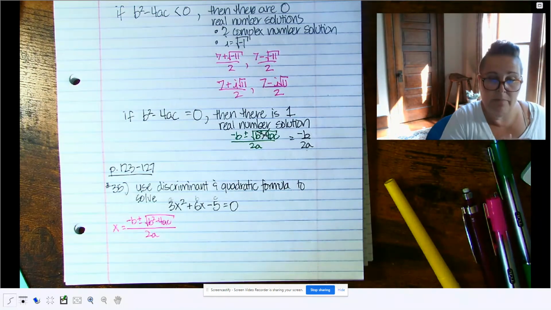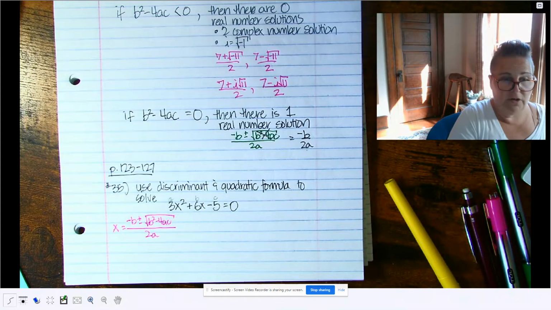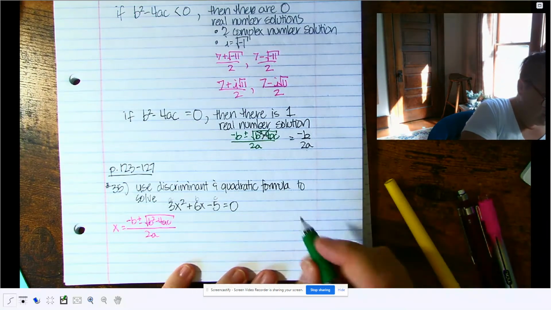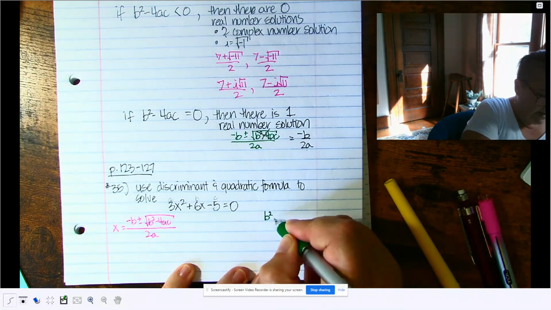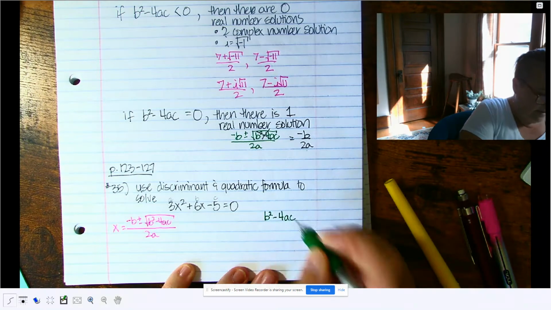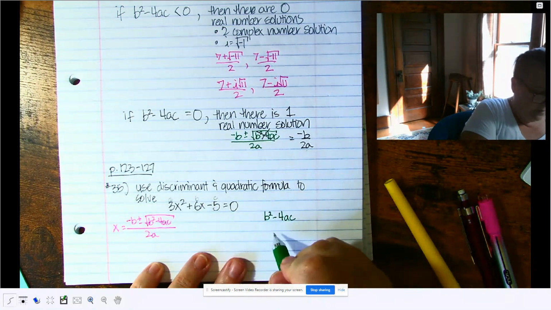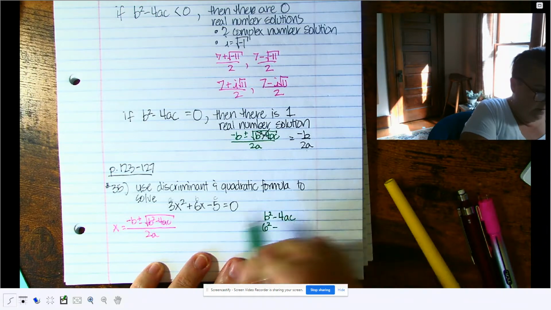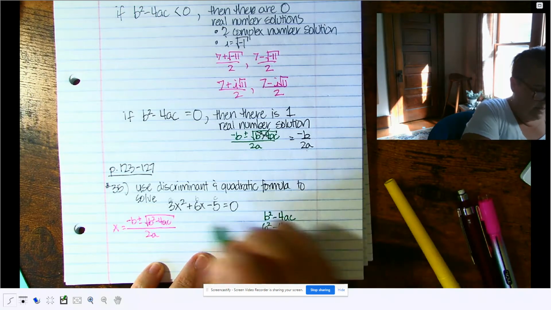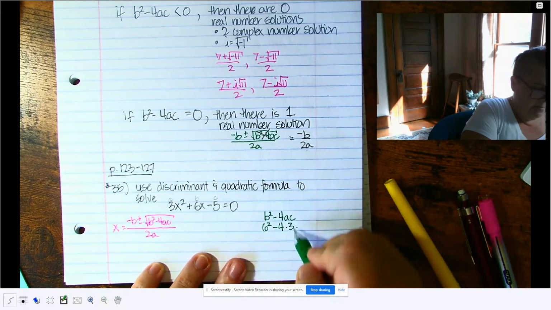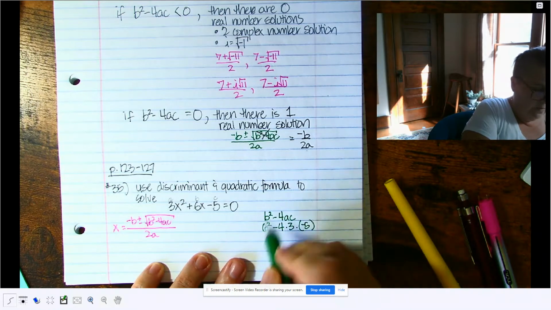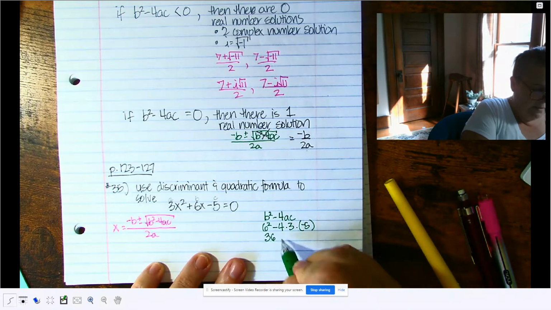Now, some people will do the discriminant first, right? And they'll just look at this and say, okay, b squared minus 4ac. b is 6, so this will be 6 squared minus 4 times 3 times the negative 5, or 36 plus 60. 12 times 5 is 60, negative times negative is positive.